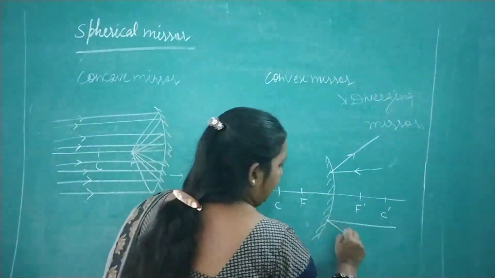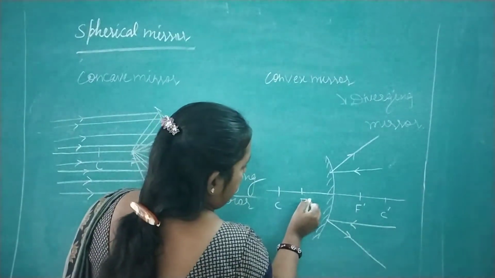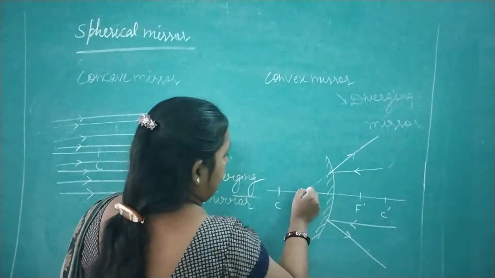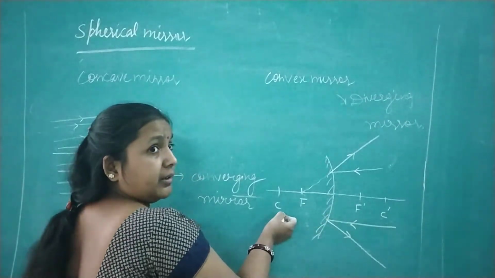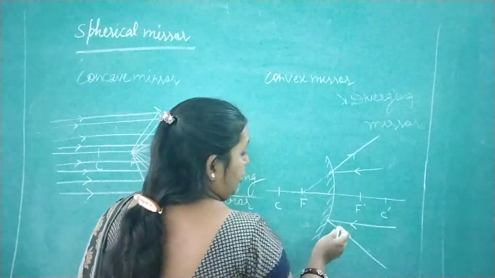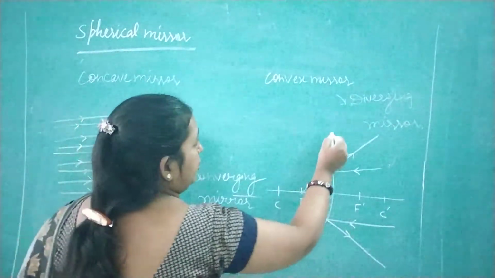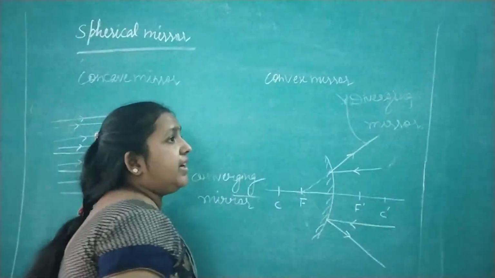It comes and moves like this. And after striking, they will appear to meet at a point that is F, behind the mirror. बनी, लेकिन यहाँ से टकराई and after striking they will move like this.